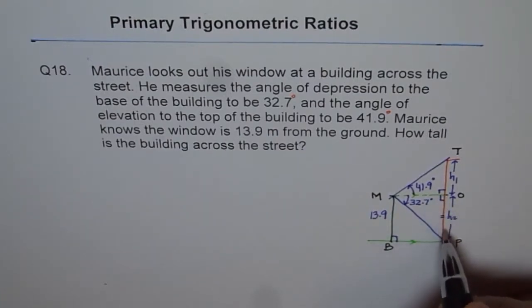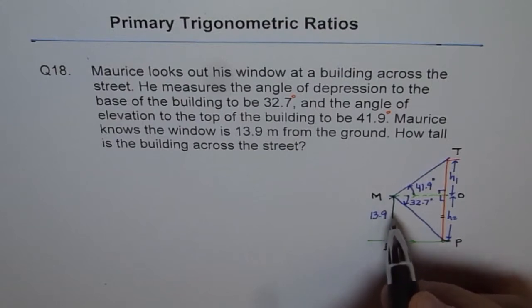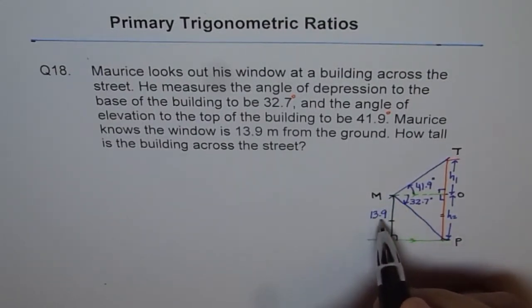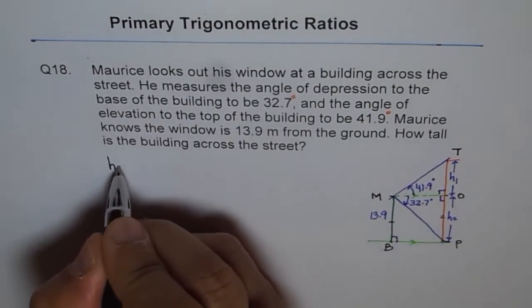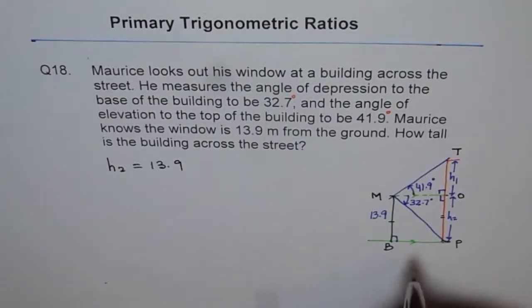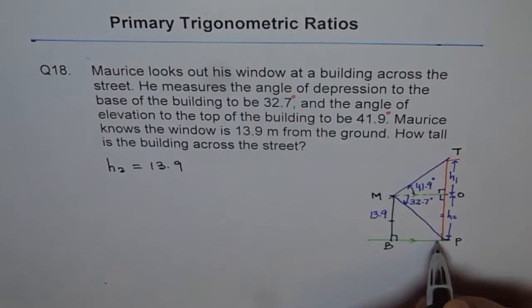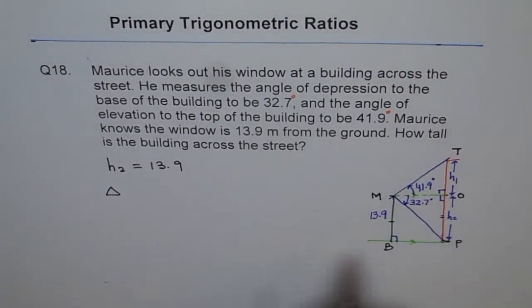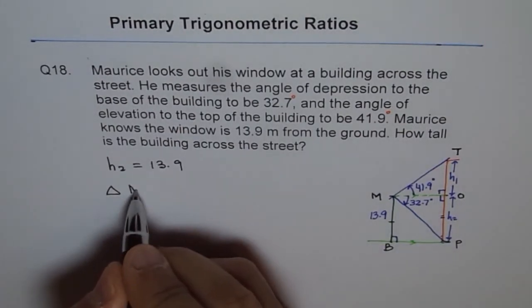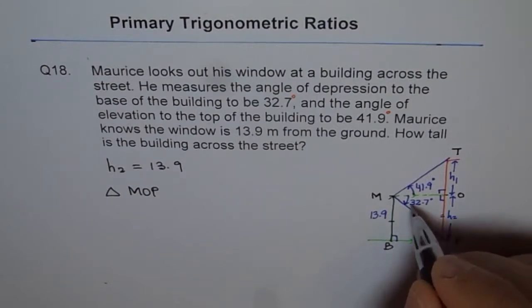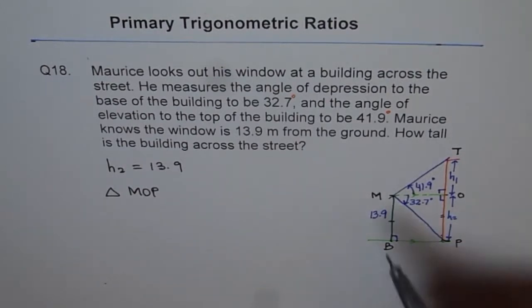Now to find OP, what we can say is the height of this window from the ground is 13.9. So from this diagram we know this is equal to h2. So we know h2 is also equal to 13.9, right? Both are 90 degrees, correct? So in this triangle, which is triangle MOP, h2 is opposite to 32.7.